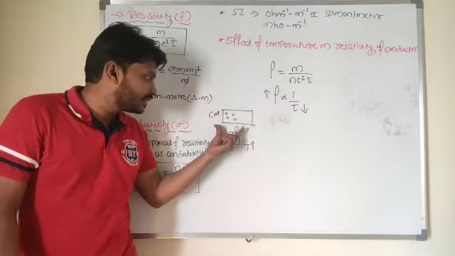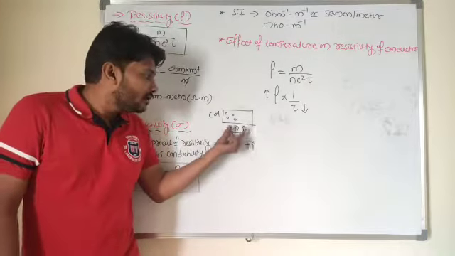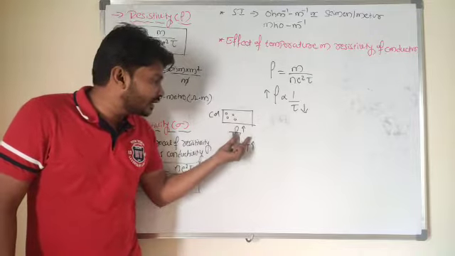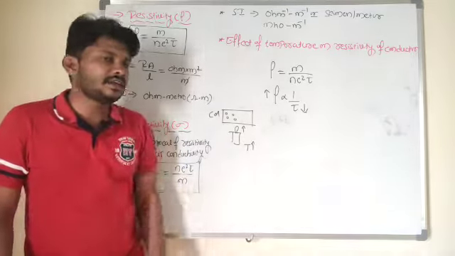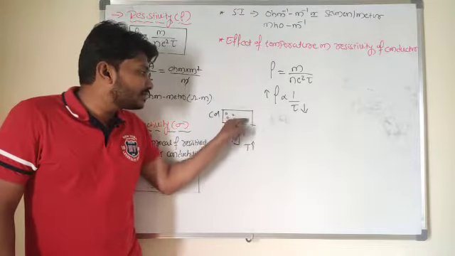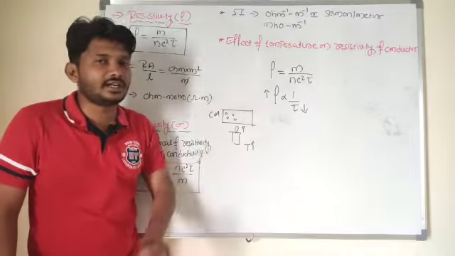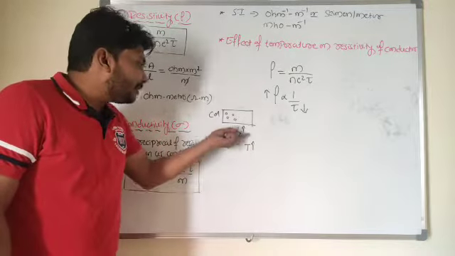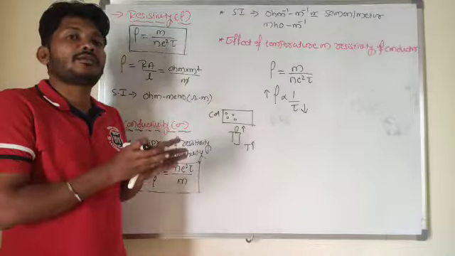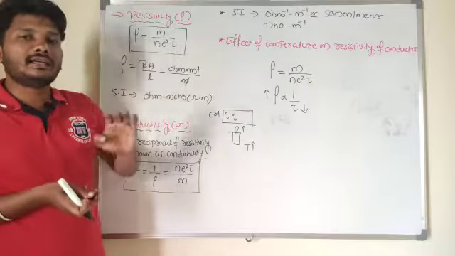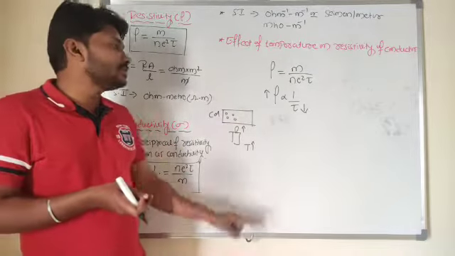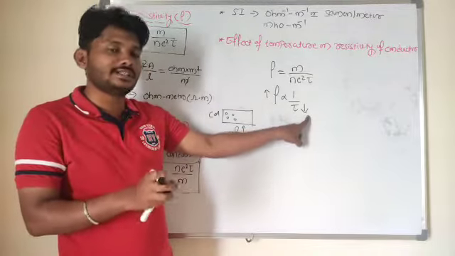First I will consider one conducting material. If I provide temperature to this conducting material, then what happens? These free electrons will collide with the fixed ions. As the temperature increases, the number of collisions will be more, so relaxation time will decrease. Why?